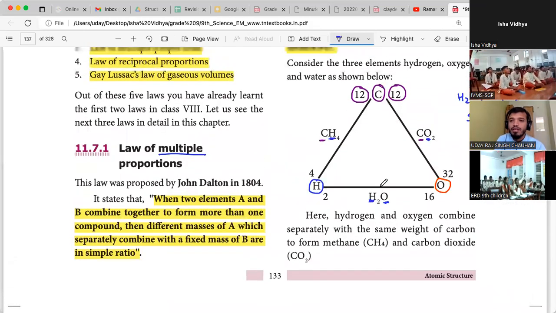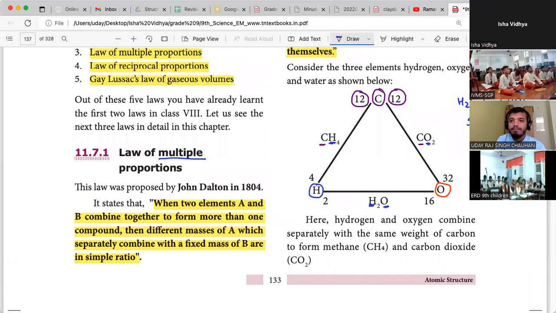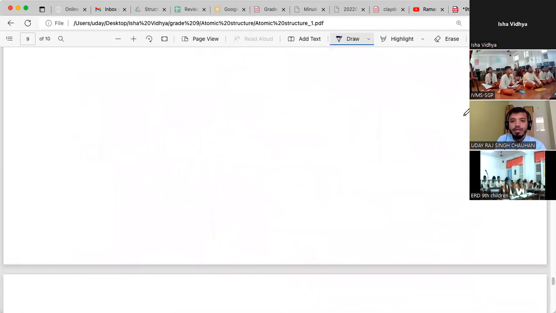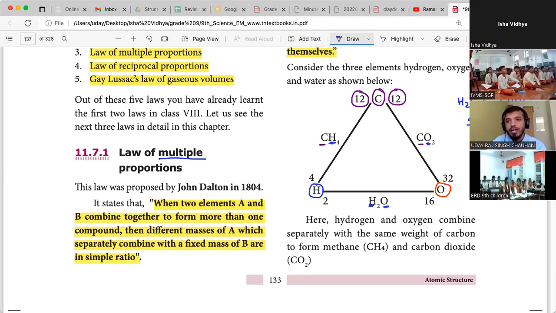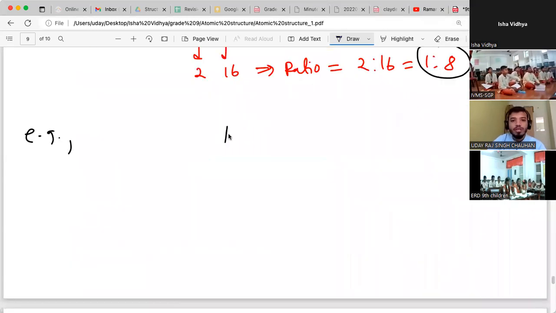Maybe you can try this as homework, and maybe we can take it in the next class. Let's take this example which I've written here: hydrogen, sulfur, and oxygen. All of you note this down. You can try this at home.